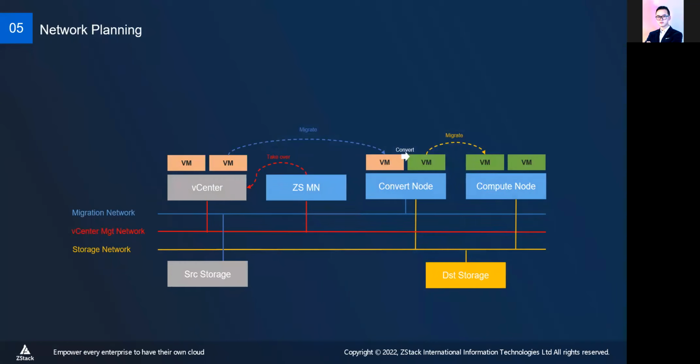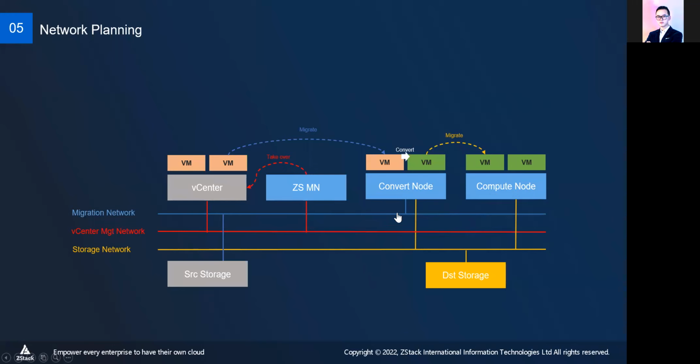The first thing is you must make sure this vCenter network can connect to the ZStack management node, which allows the ZStack management node to take over this vCenter environment. The second thing is you need to mount this vCenter storage to the ZStack migrate network, and mount this migrate network to the ZStack compute node and convert node.